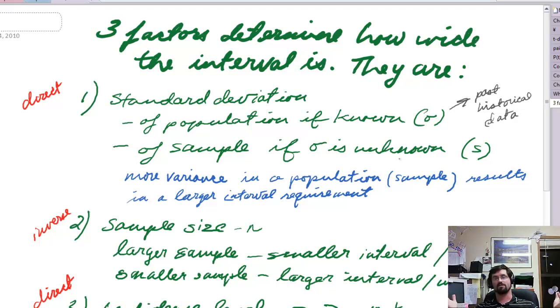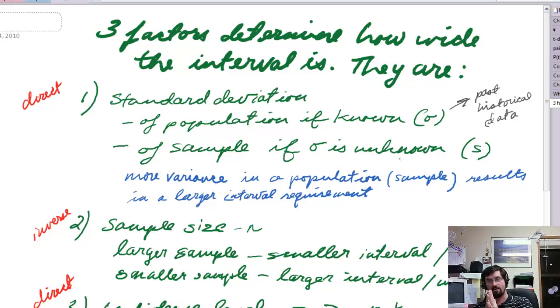If it has a lot of variance, is it likely that my point estimate is going to be close to the mean? Or is it less likely? If there's a lot of variance, it's less likely that my estimate is going to be very close to the mean. So what do I do? I extend my buffer zone, if you will.